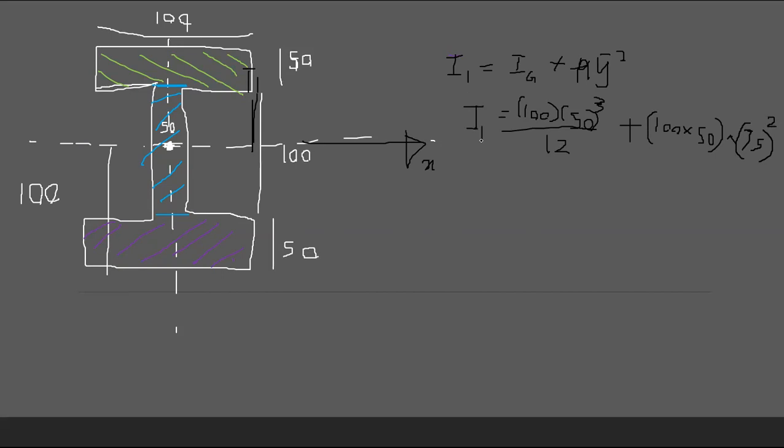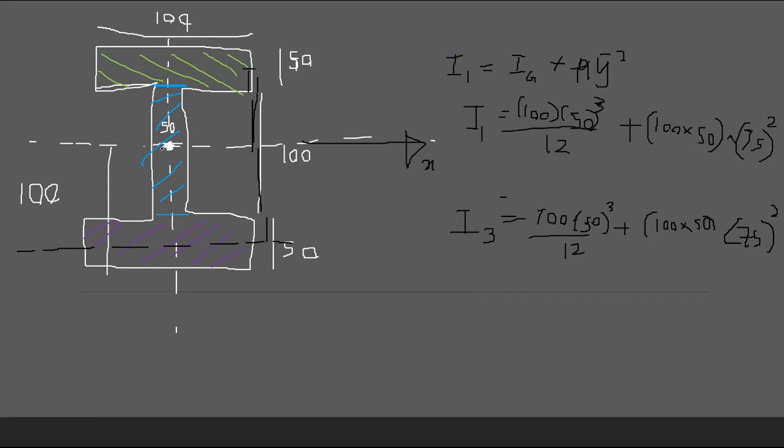I1 will be the same as I3, because it is the same I about the centroid. So 100 into 50 cube over 12 plus 100 into 50, and the distance to the centroid is 50 plus 25, so that's 75.